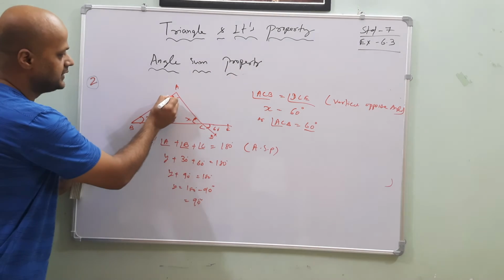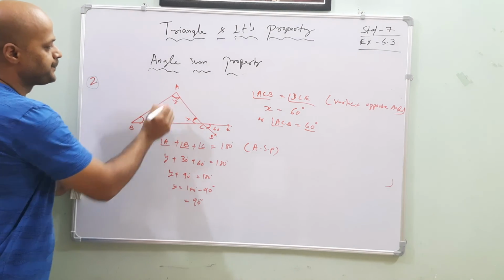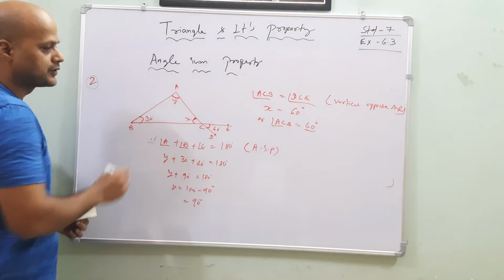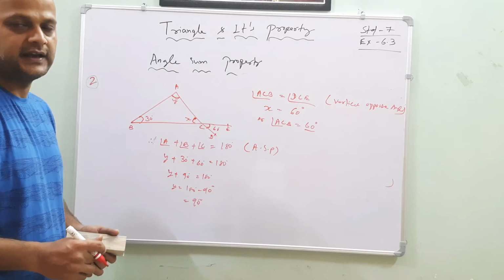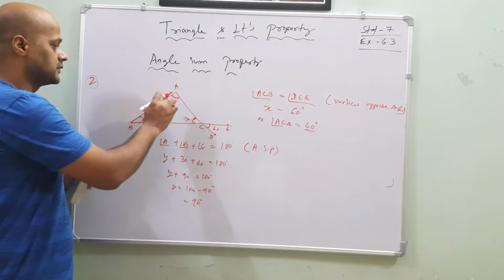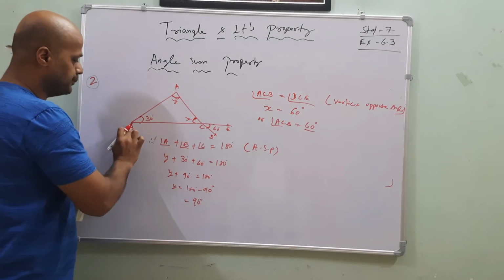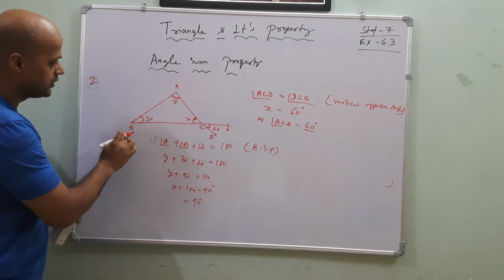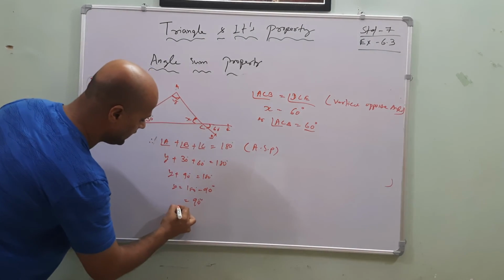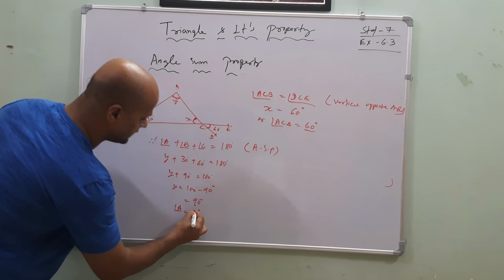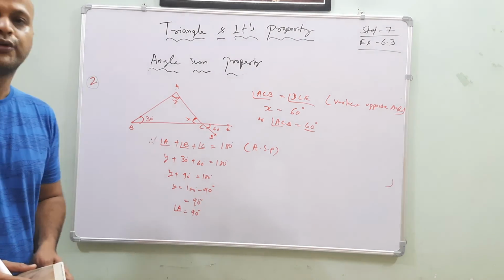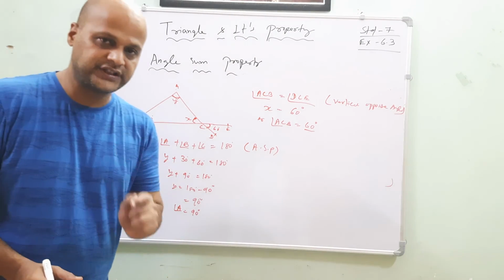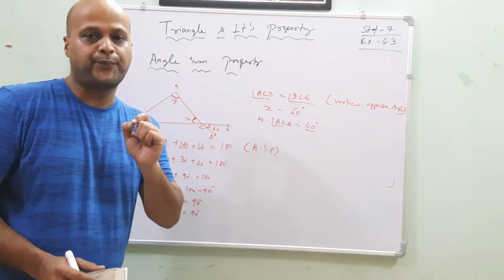Means this angle is a what? Right angle. So which kind of triangle will it be? It is a right angle triangle. Which one? Triangle BAC is a right angle triangle, and the value of Y or the value of angle A is how much? 90 degree. Like this manner, you have to find the various values of internal angles by using the angle sum property.